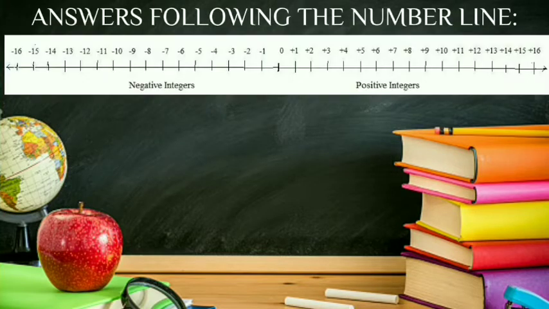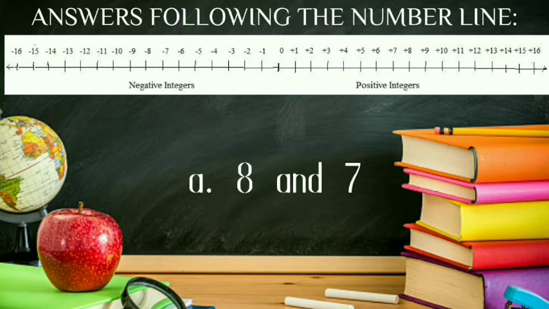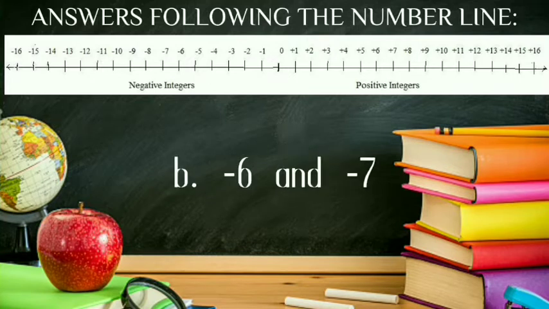By observing the number line, we can say the following. In A, positive 8 is to the right of positive 7. Therefore, positive 8 is greater than positive 7. In B, negative 6 is to the right of negative 7. Therefore, negative 6 is greater than negative 7.